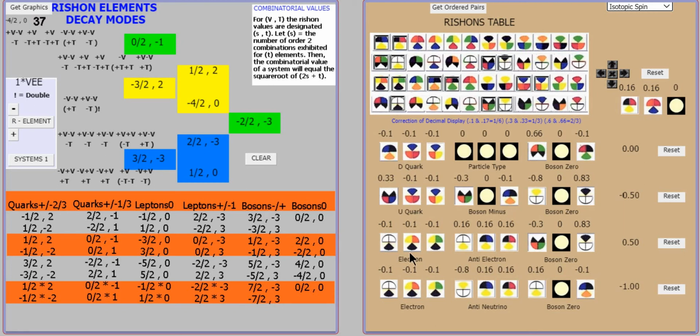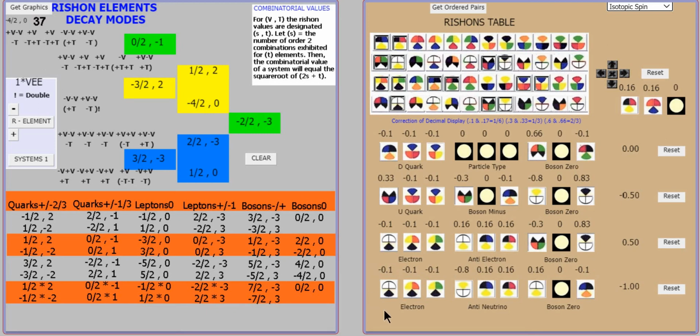Now, on the electron-positron pair, we have isotopic spin of minus 1/2 and plus 1/2. And on the WIMP, we have an isotopic spin of plus 1/2 being carried away by the weakly interacting massive particle.